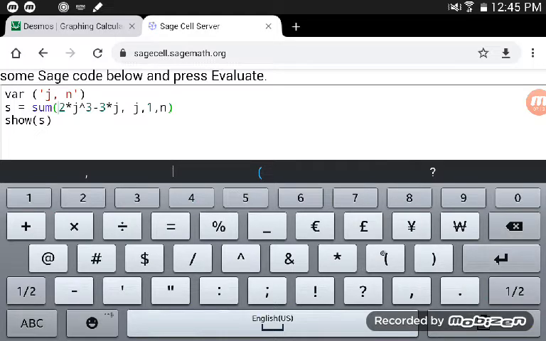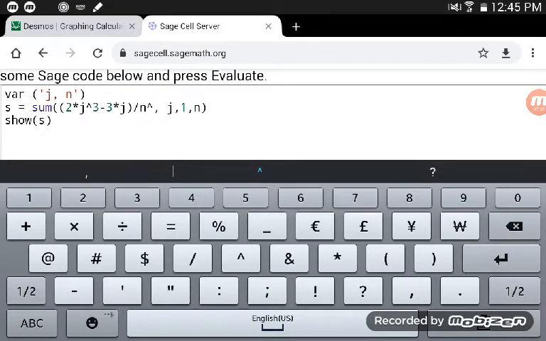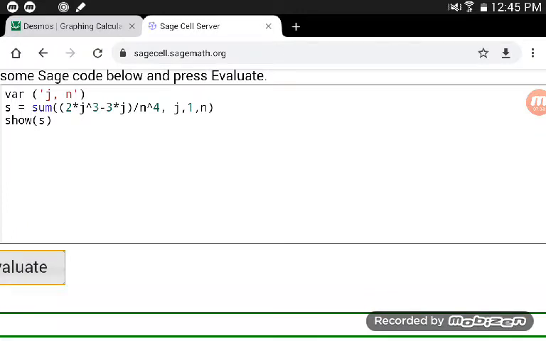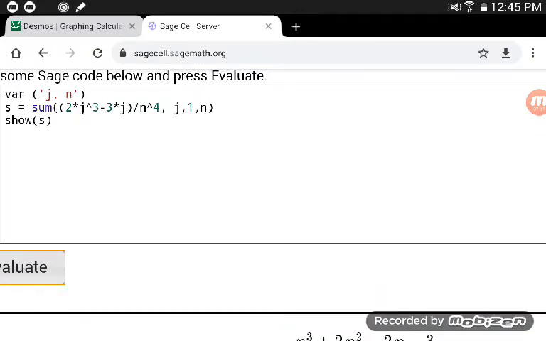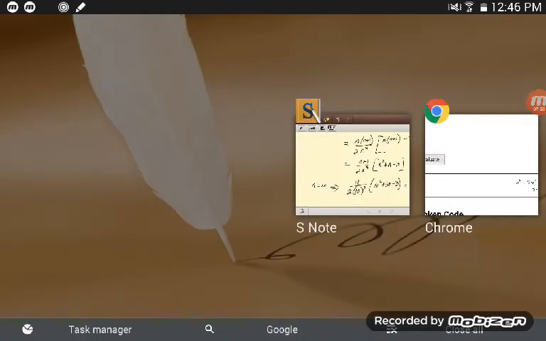So I'll put a parenthesis around that whole thing and divide by n to the 4th. Okay, now let's try that again, evaluate, and what's it say? That's looking a little better. Okay, so we've got an n cubed over a 2n cubed to start with. Let's now go back and see what we have here.